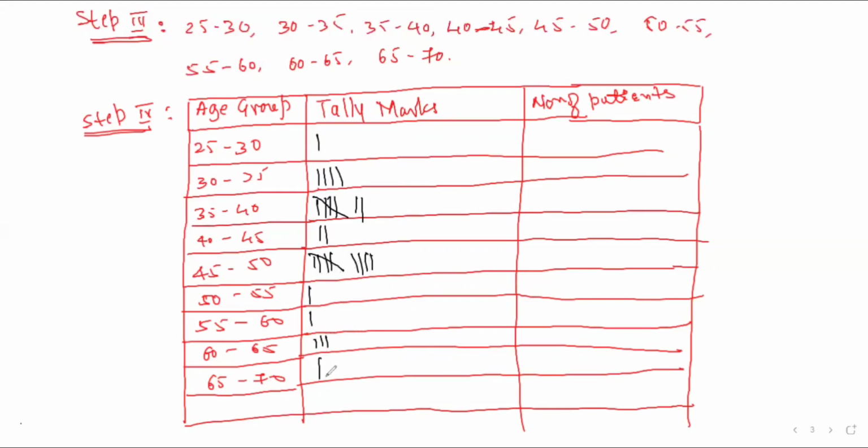The next is 66, 33. Next is 45. Next 29. Next 49. Next 42. Next 31. 45. 28. 28.